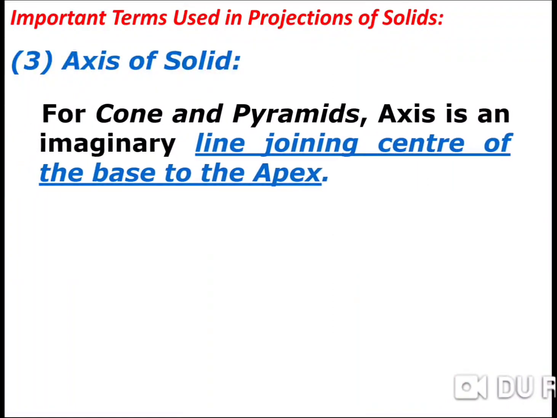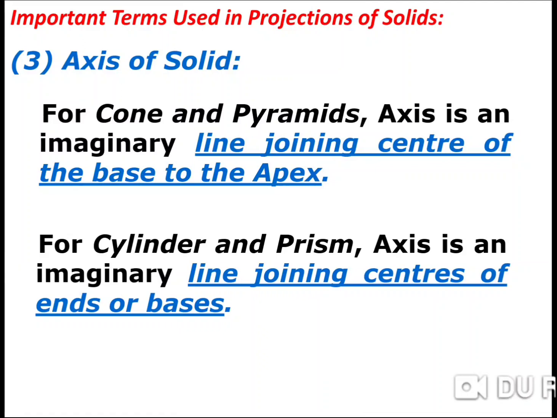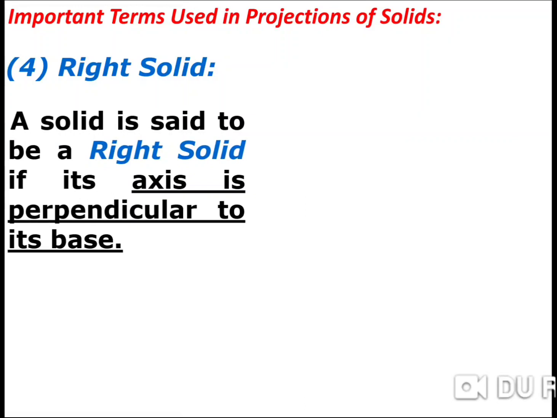Axis of the solid. For cones and pyramids, the axis is an imaginary line joining the center of the base to the apex. For cylinders and prisms, the axis is an imaginary line joining the centers of the end faces. Right solid: a solid is said to be a right solid if its axis is perpendicular to its base.